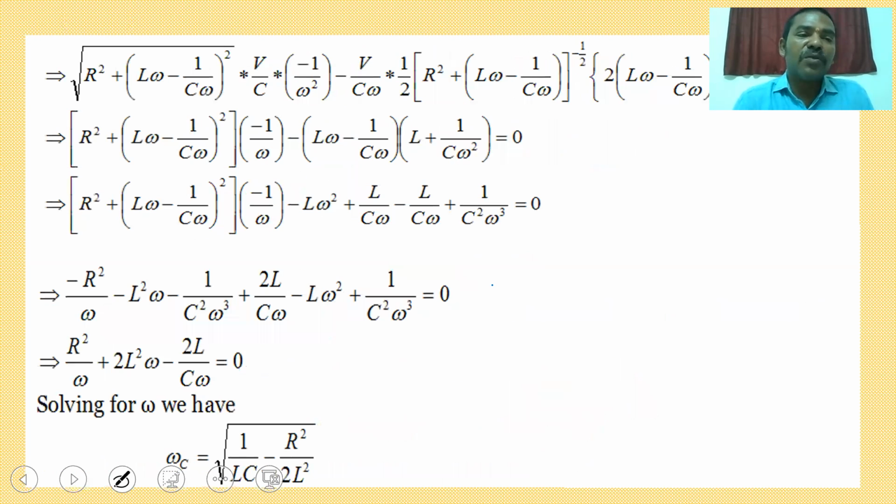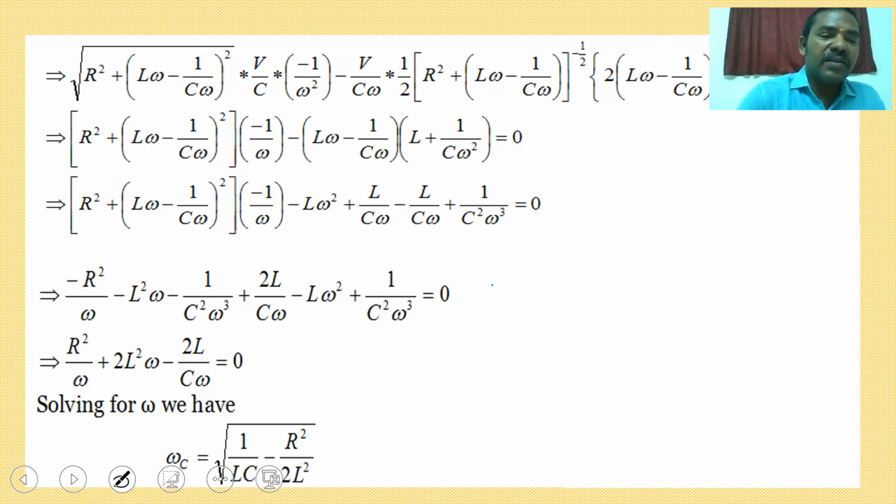Then root of R square plus (L omega minus 1 by C omega) square into V by C into minus 1 by omega square minus V by C omega into 1 by 2 (R square plus (L omega minus 1 by C omega)) power minus 1 by 2 into 2 times of (L omega minus 1 by C omega) into (L plus 1 by C omega square) is equal to 0.